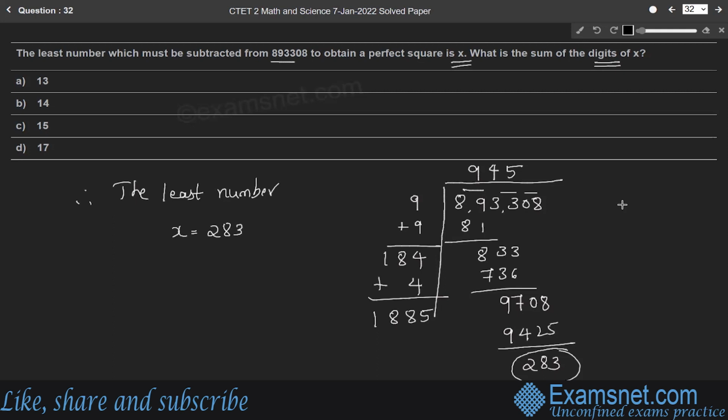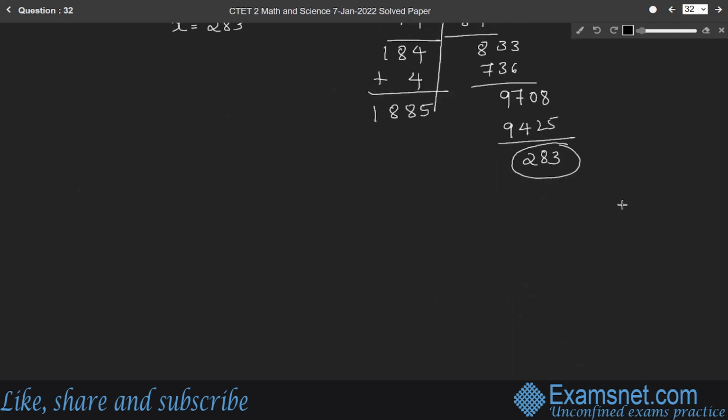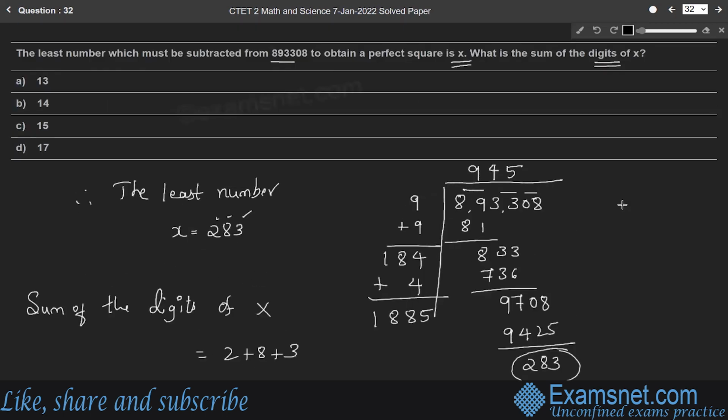The digits are 2, 8 and 3. Therefore, the sum of the digits of x is 2 plus 8 plus 3, which is 13. Therefore, the correct answer is option A.